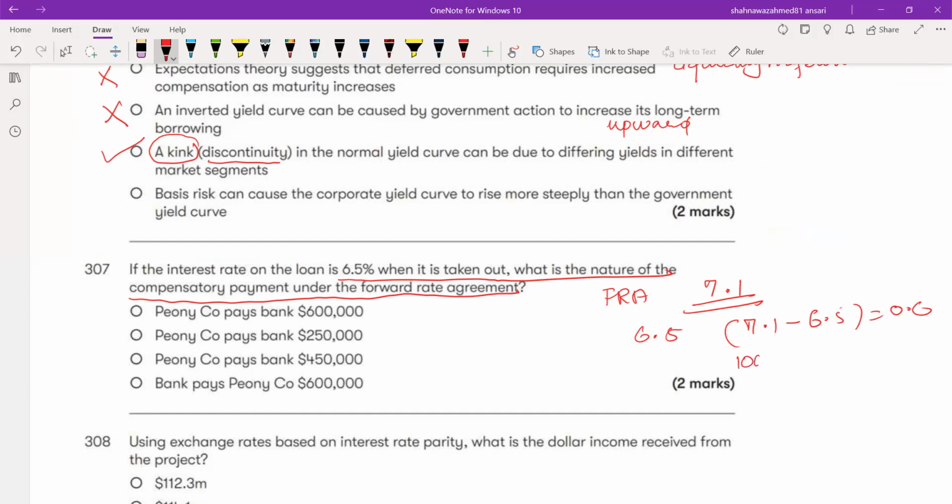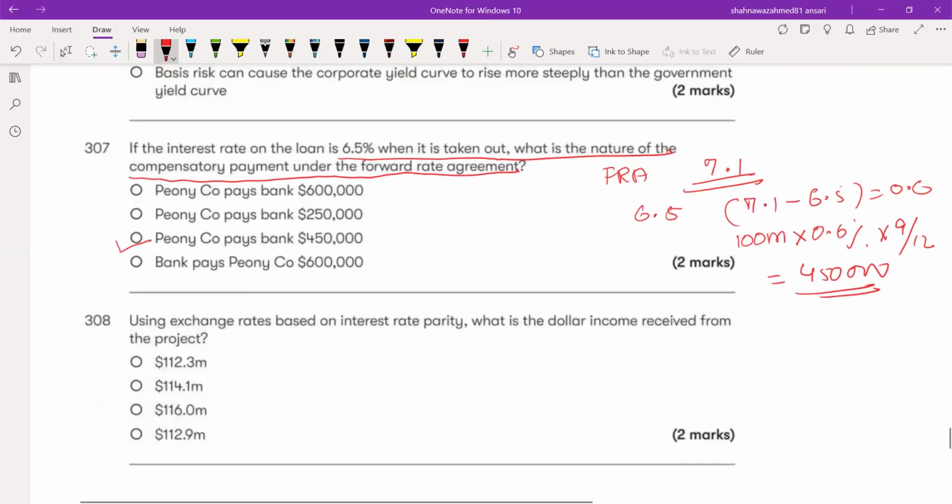As we are taking a loan of 100 million for a 9-month period, 0.6% is the difference, multiplied by 9 divided by 12. So we have to compensate 450,000. We have to pay the bank 450,000.